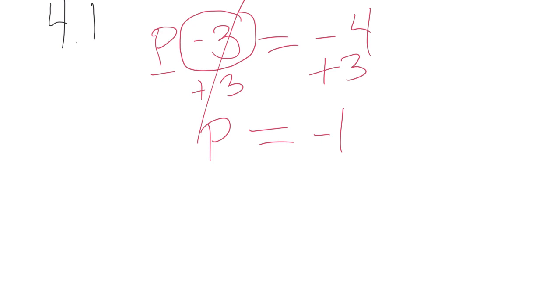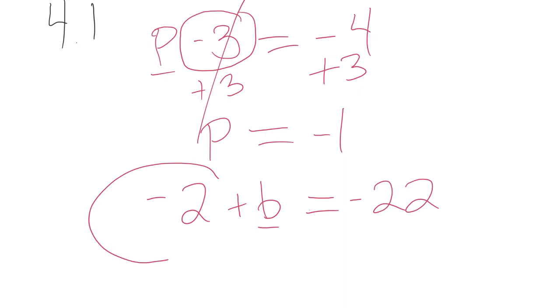Let's do another one. Let's say we have b minus 19. Well, we just did a subtraction one. Let's do an addition one. Let's switch it up. Let's say I have negative 2 plus b equals negative 22. All right, so again, we want the b by itself, so we need to get rid of this.